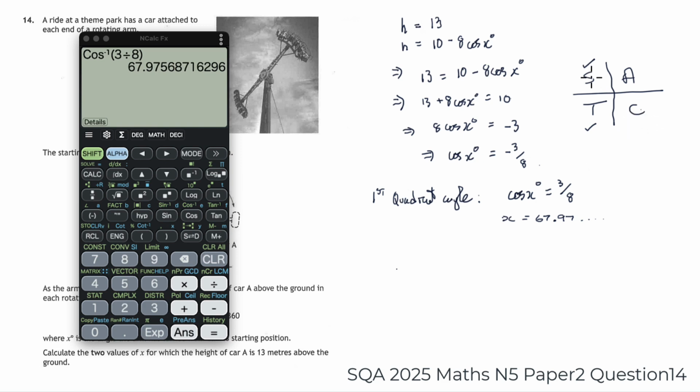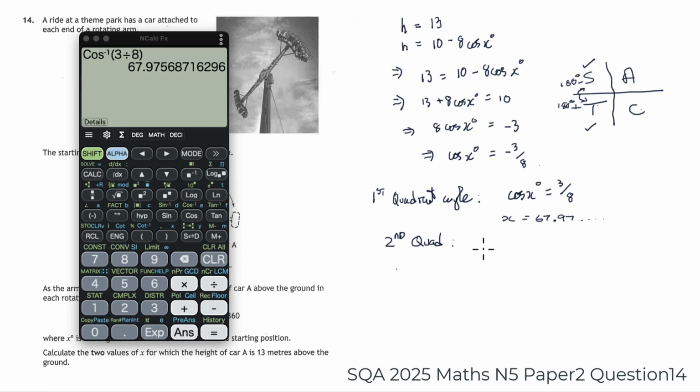So again, second and third quadrants. And what do we do to find the second quadrant angle? We take it away from 180. So in here we have 180 minus the first quadrant angle. Third quadrant, 180 plus the first quadrant angle. That's what we showed on the graph when we discussed the graph.